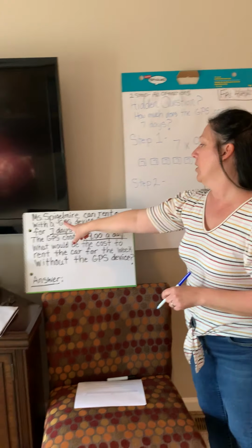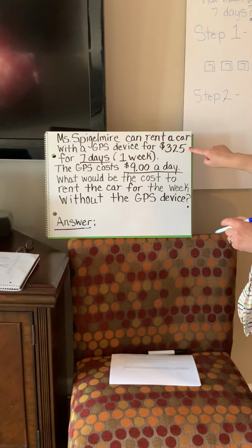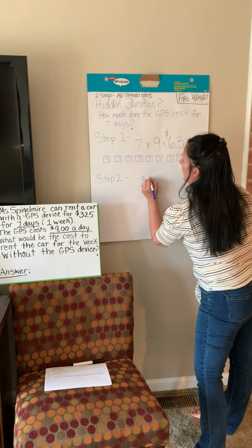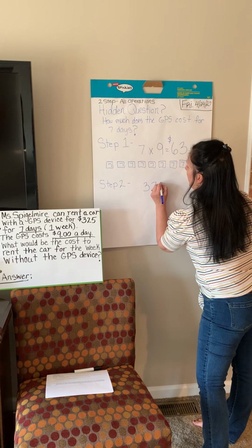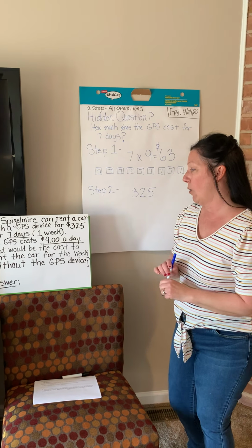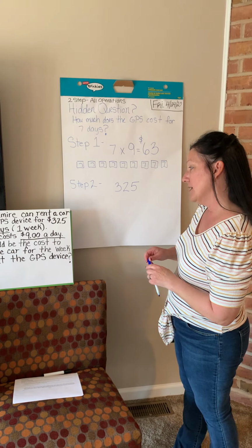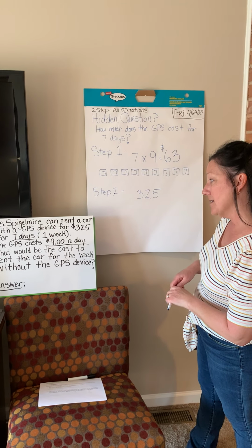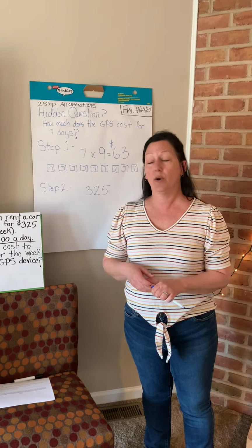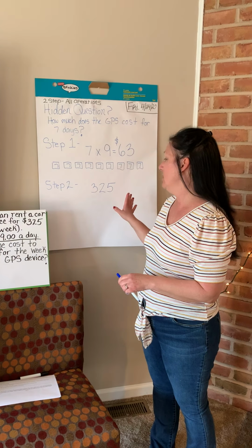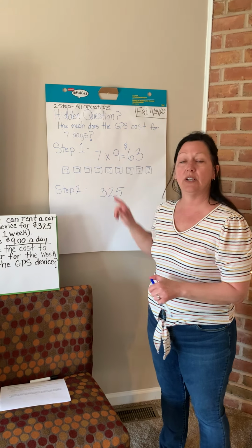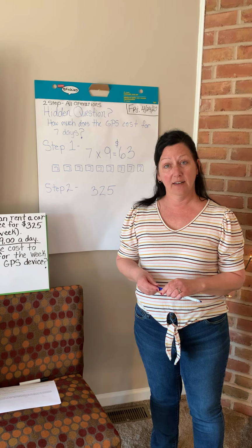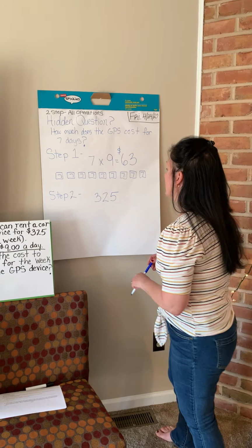Well, what do we know? We know that the car rental and the GPS costs $325 for the week. If we want to know how much just the car rental would be without the GPS, what do we need to do? We're not going to add it because we know that that's already included in the $325. We're certainly not dividing it. You're right, we are subtracting it.